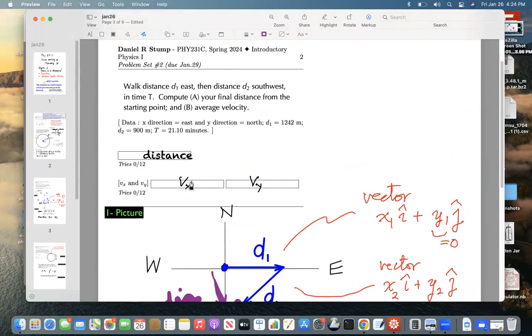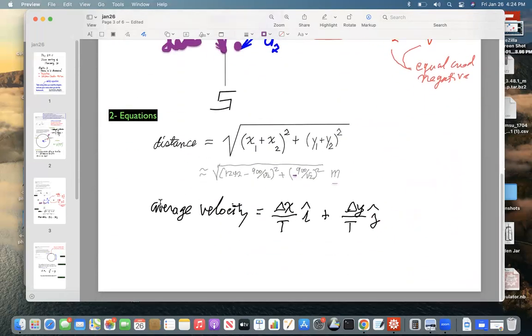Now, what about average velocity? Well, the definition of average velocity is delta R over delta t. Average velocity is displacement over time. So the x displacement is delta x.